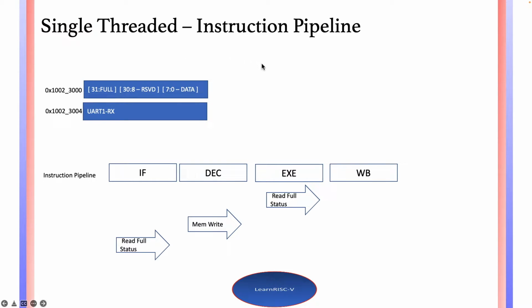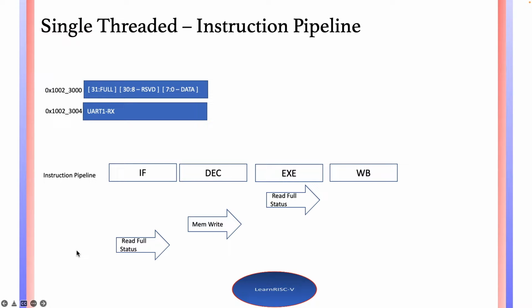So with a single threaded application on this simple instruction pipeline, this is how these instructions would be pushed into the pipeline one after the other. When the read full status instruction goes, the next would be in the decode stage, and so on.